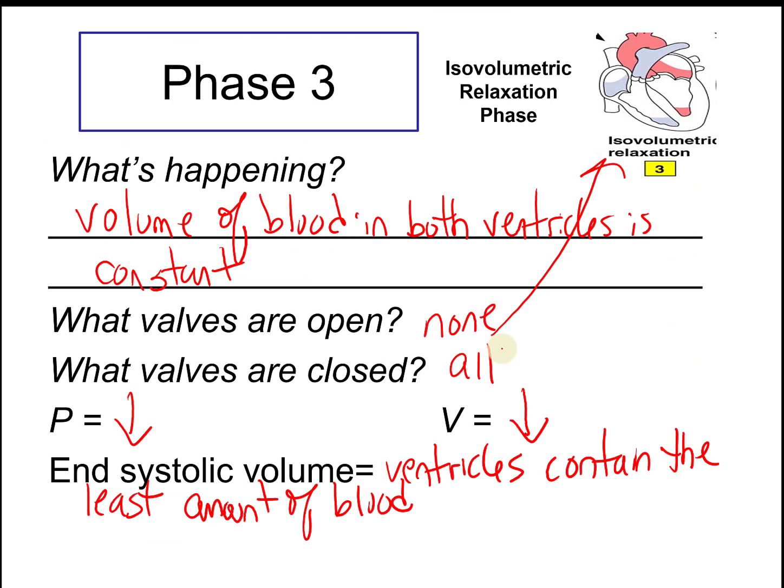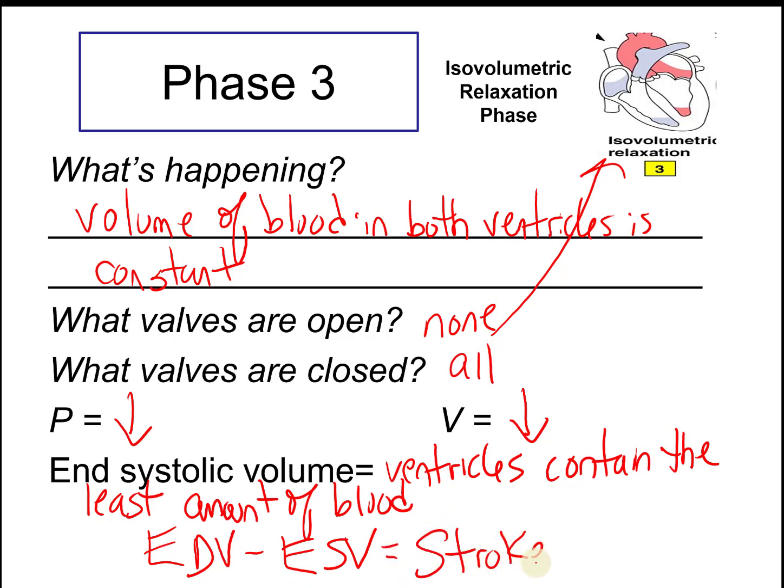So if we take the end diastolic volume, which is the maximum amount of blood that the ventricles will ever have, and we subtract it from the end systolic volume, the minimum amount of blood, we get something called the stroke volume. The stroke volume is the amount of blood pumped out of each ventricle in one heartbeat. And this is something that we talk about a little bit later, so I won't write it down here.